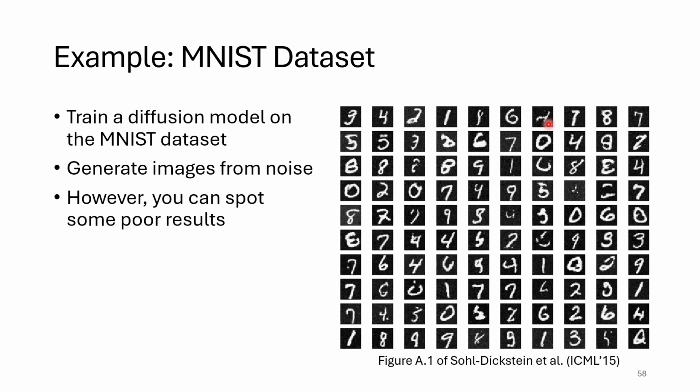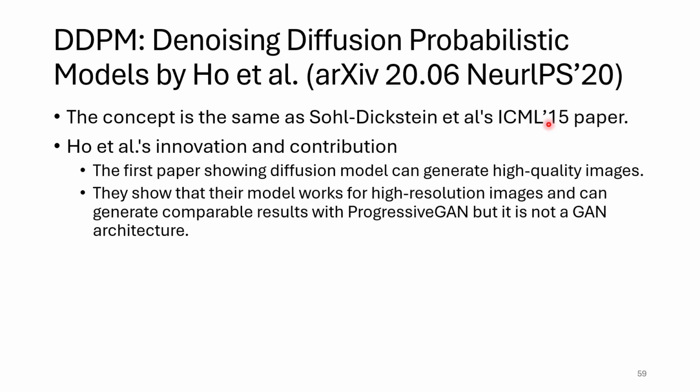Although the first diffusion model was released in 2015, it didn't attract a lot of attention, because at that time GAN was on its rise, and many new GAN algorithms were explored and developed. The first important diffusion model for image generation is DDPM. It was published in June 2020 as an arXiv paper, and the official conference was NeurIPS 2020.